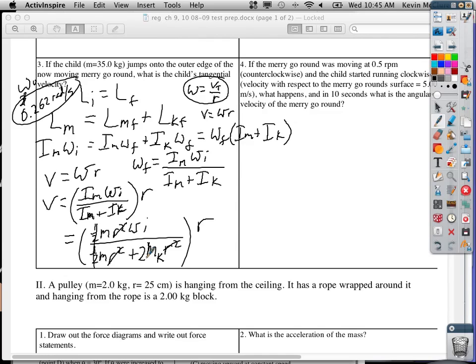How much is a kid? 35, so it's 2 times 35. And then multiply that by r, which was what, 1.5? What was r? 2, okay. And I get 0.357 meters per second.